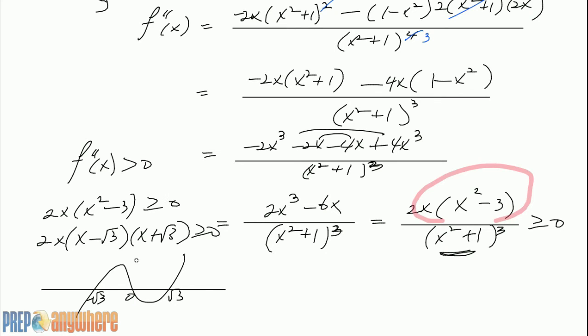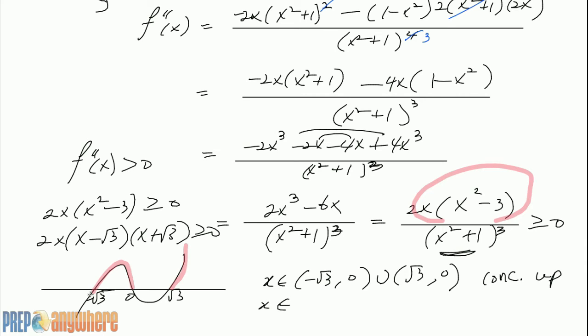So when is that positive? Right there and right there. So that means when x belongs to that interval, it's concave up.